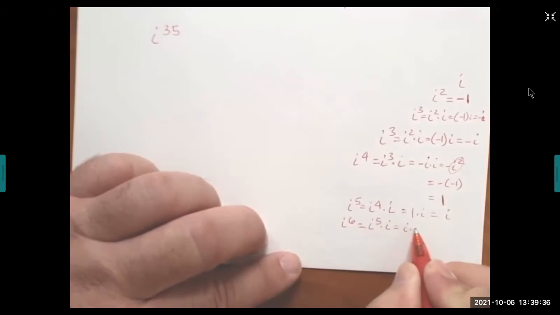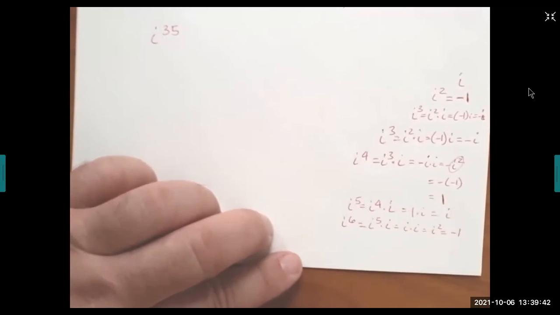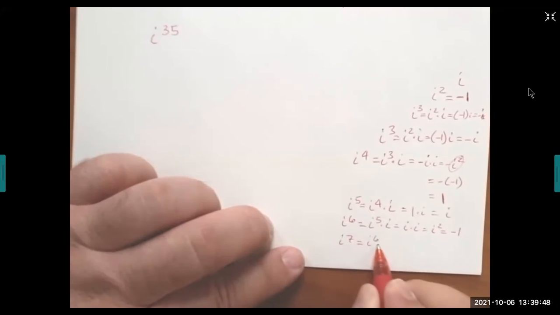So i times i is i squared, which is negative 1. i to the seventh is i to the sixth times i. i to the sixth is negative 1, times i is negative i.